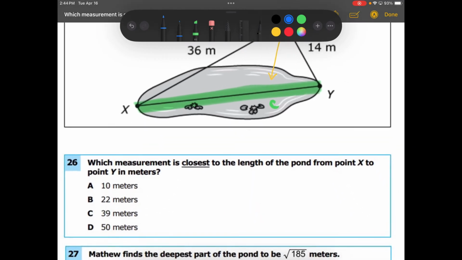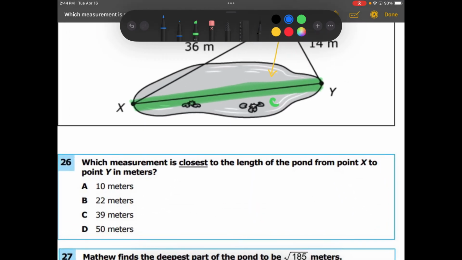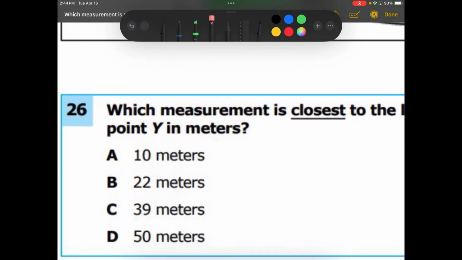And now let's go down here and see what we have to do. If we were solving for the hypotenuse, what formula do we use? A squared plus B squared equals C squared. We are using the Pythagorean theorem. We know that the hypotenuse has to be the longest side. Look at your answer choices.